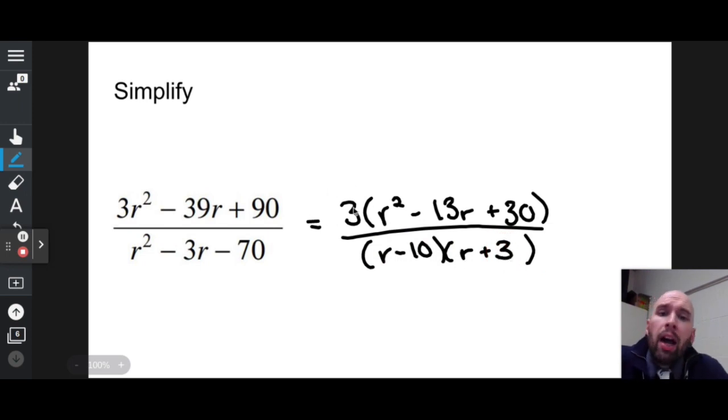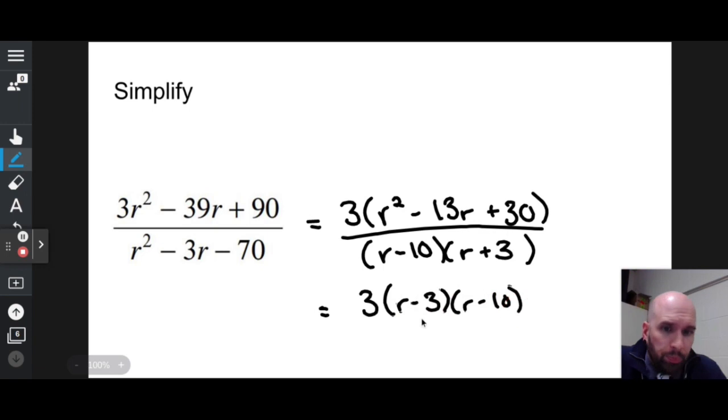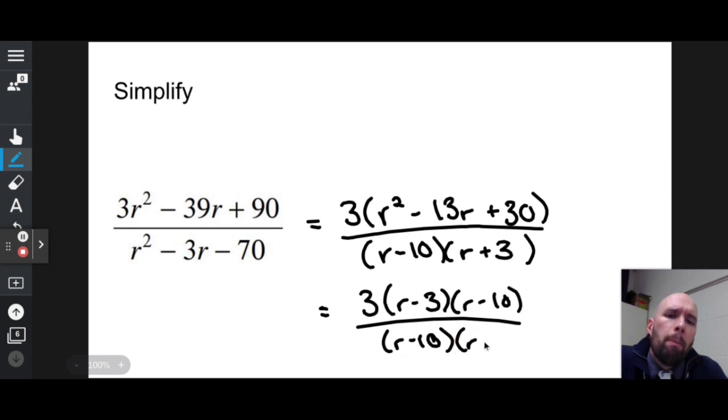Can't cross anything out. I have 3 times stuff over something times something. But that stuff up there looks like I can factor it. Can I come up with two numbers that add up to negative 13 but multiply out to 30? Sure can. How about r minus 3 and r minus 10? That's going to be over r minus 10 times r plus 3.